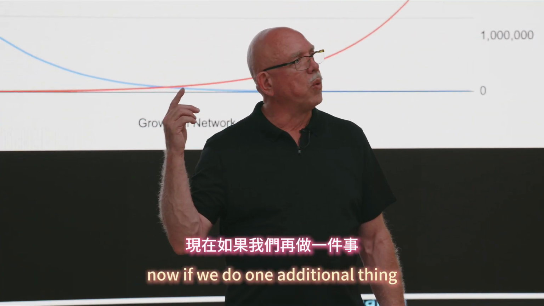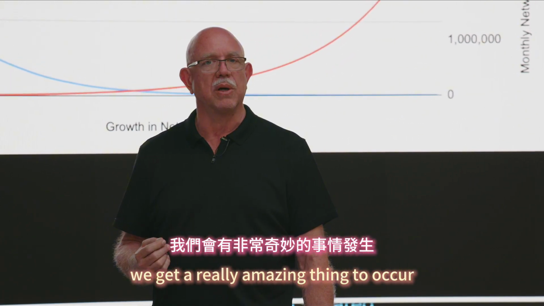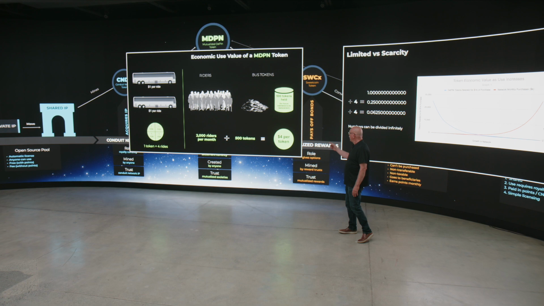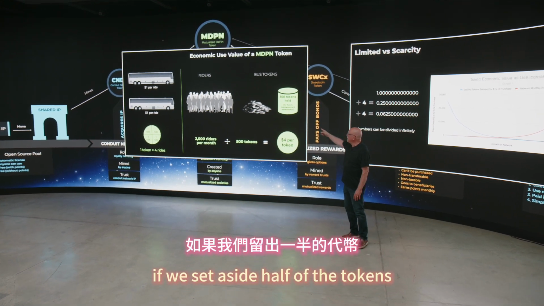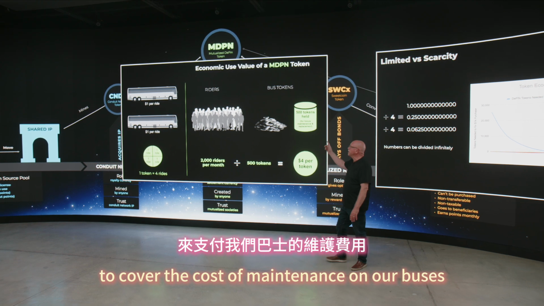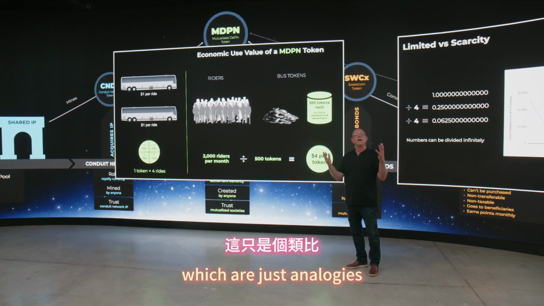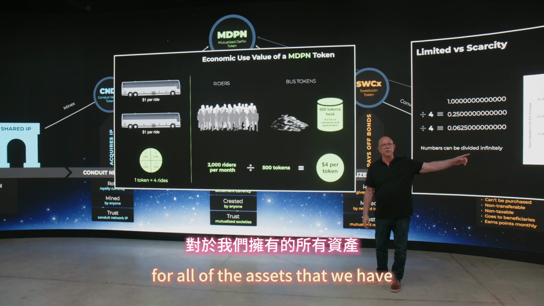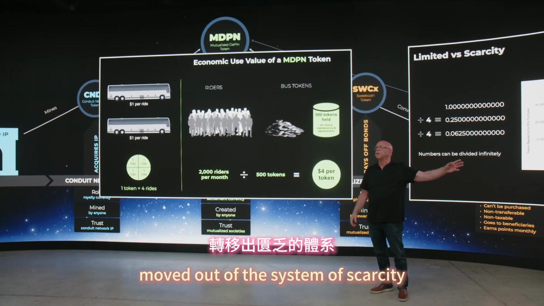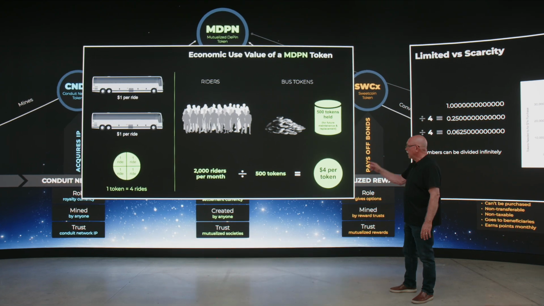Now, if we do one additional thing, we get a really amazing thing to occur. If we set aside half of the tokens to cover the cost of maintenance on our buses, which are just analogies for all of the assets that we have moved out of the system of scarcity into the world of abundance.